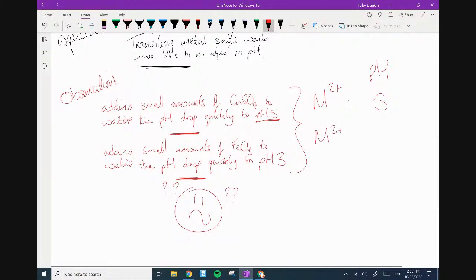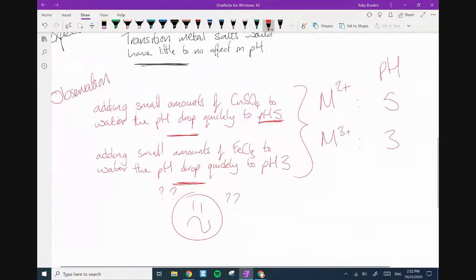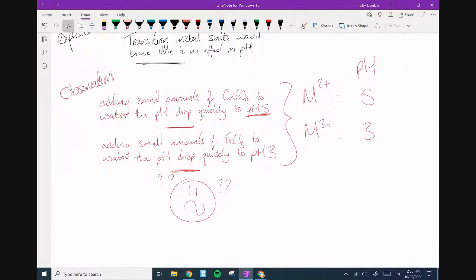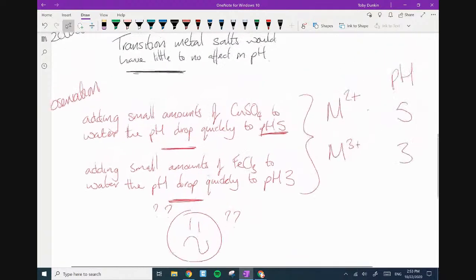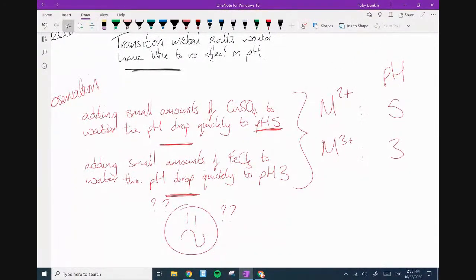Metal 3+ is pH 3. You guys need that. Common questions: suggest a pH of iron 3 chloride at 1 mole per dm cubed, 3. They'll give you metals that you've never seen before. Doesn't make any difference. You can apply a rough rule of pH to the transition metal charges.